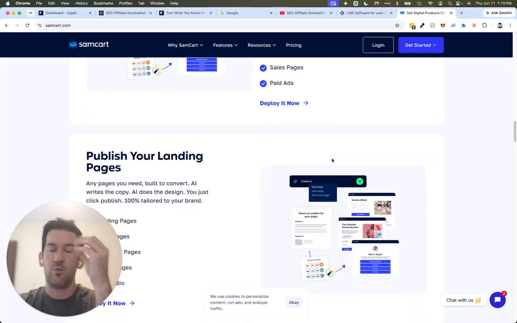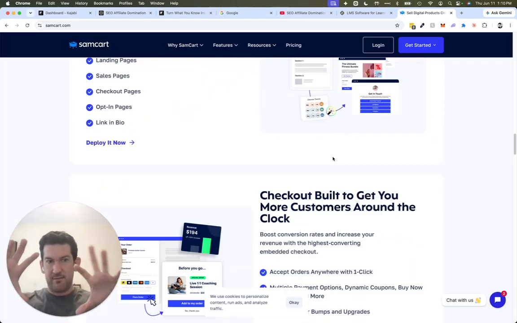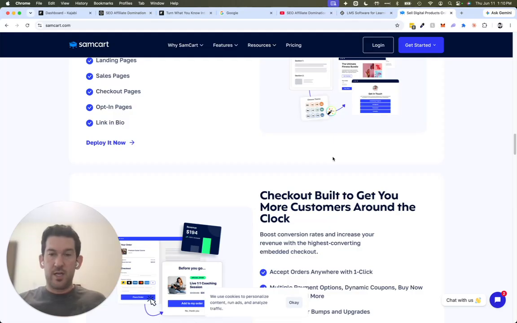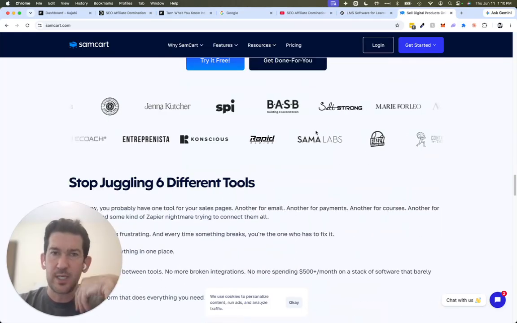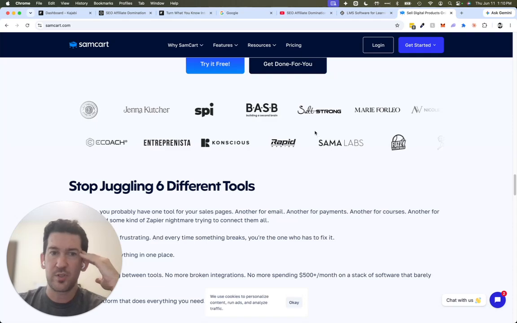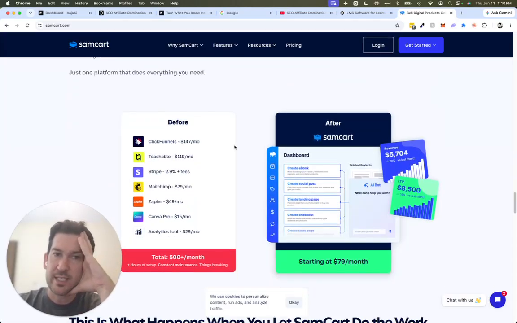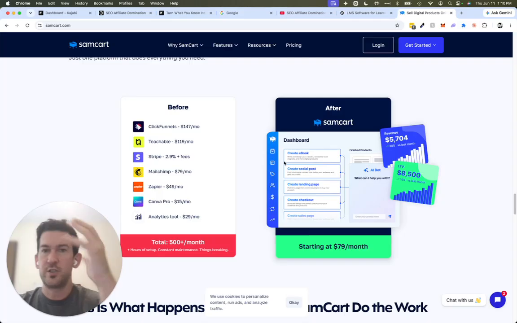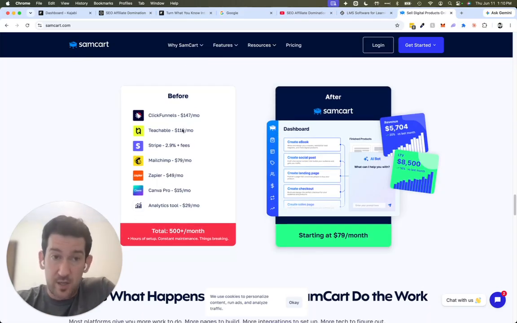Something I've noticed in the last couple of years is that they've had a couple of different side projects, and it seems like they have taken a lot of their other side tools and baked them into SamCart to make it even more powerful. So what used to be what I would refer to as a wrapper that would sit on top of some of these other connections and integrations, it seems like it now directly is all those things. That's awesome in itself.